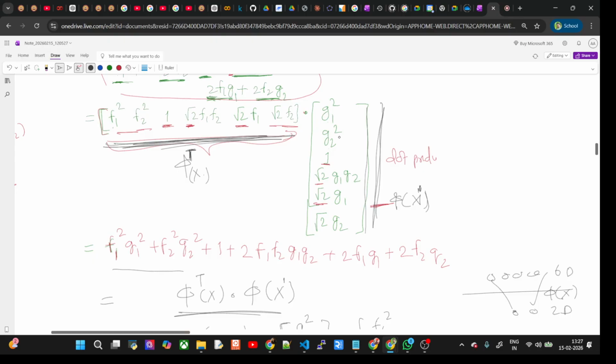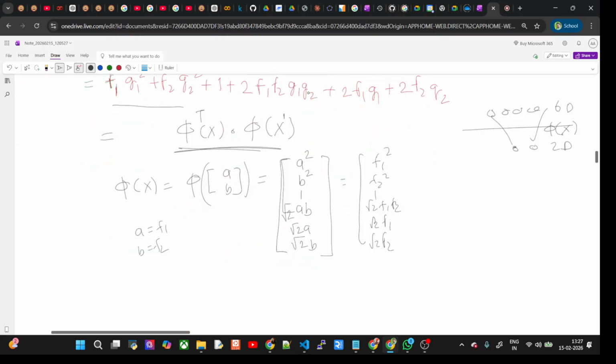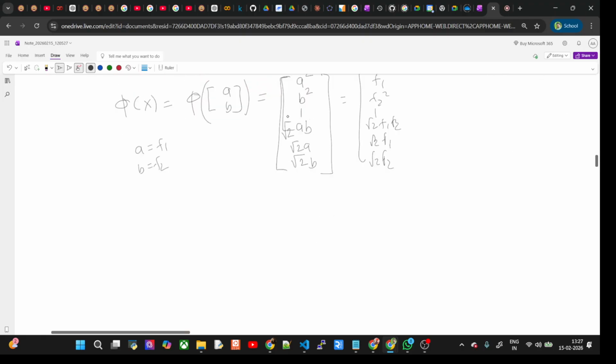So what exactly we understood from this is the important point. The x transpose x prime, or x transpose x as of now, plus 1, I am not taking prime here, this is a generic one. x transpose x plus 1, whole square, because this is the example we took.